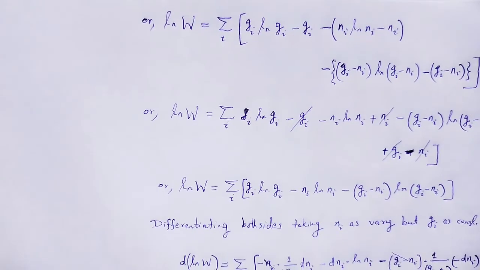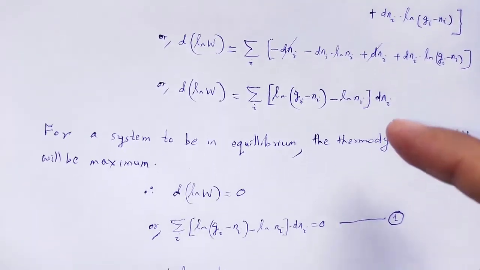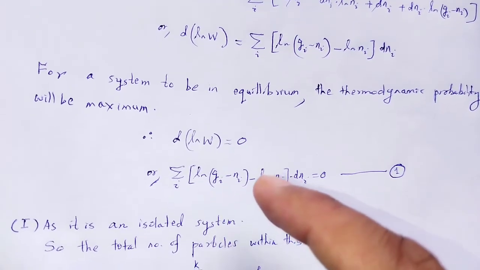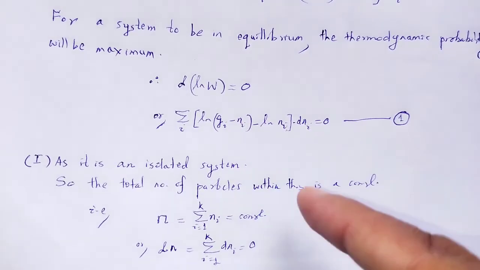Mathematically we proceed, and finally for the most probable macrostate, that is the equilibrium state, its differential will be 0.